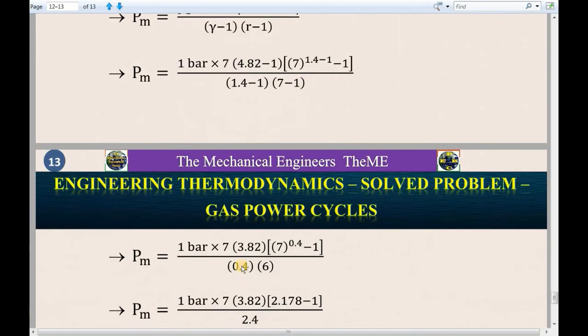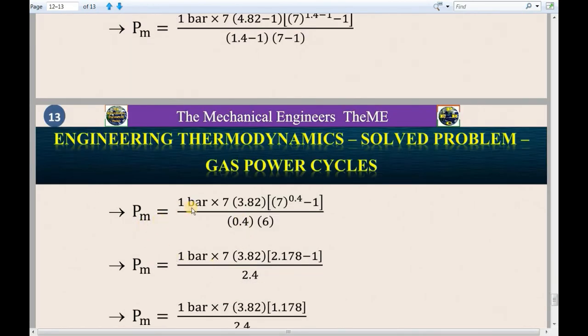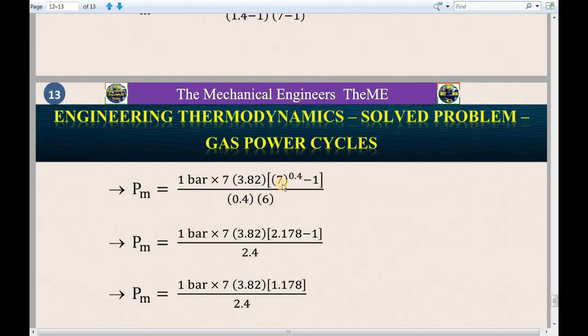So the next step will be Pm is equal to 1 bar into 7 into 3.82 into (7 to the power of 0.4 minus 1) whole divided by 0.4 into 6. In this numerator, 7 to the power of 0.4 is 2.178 and in this denominator 0.4 into 6 is 2.4.